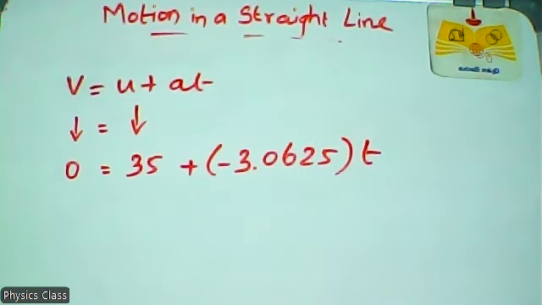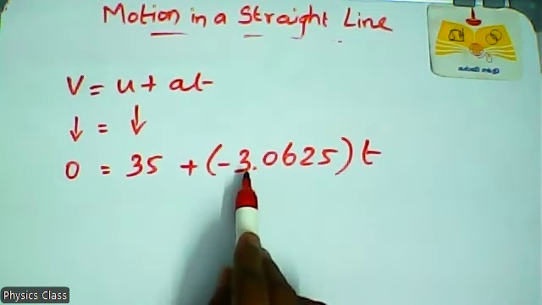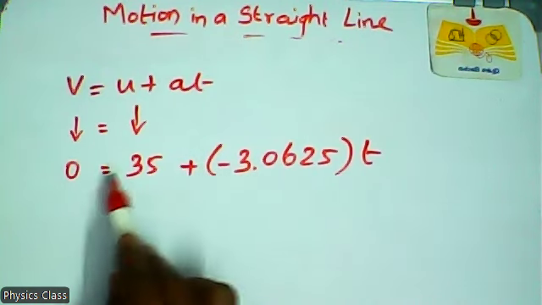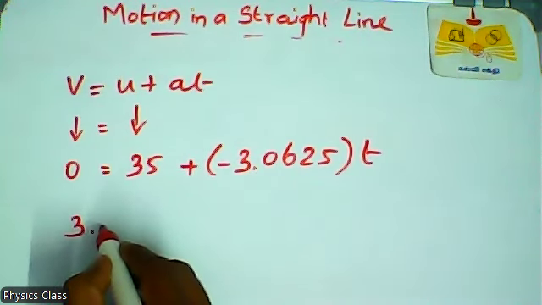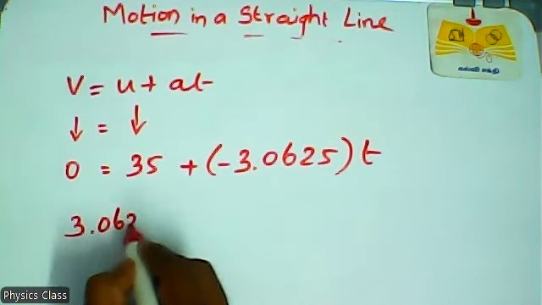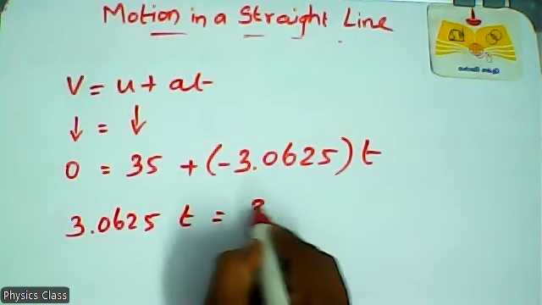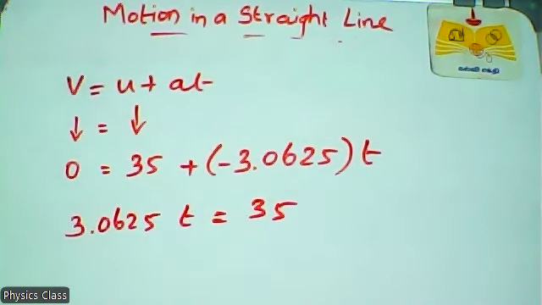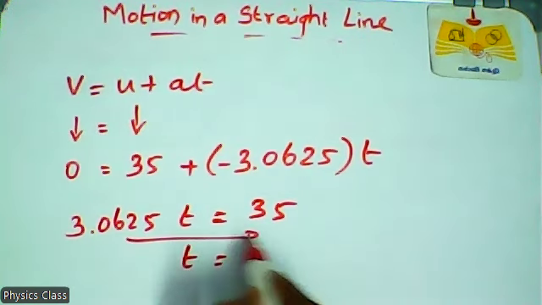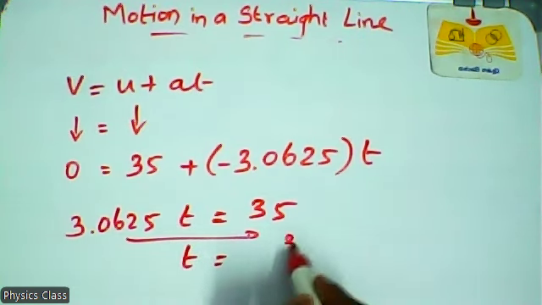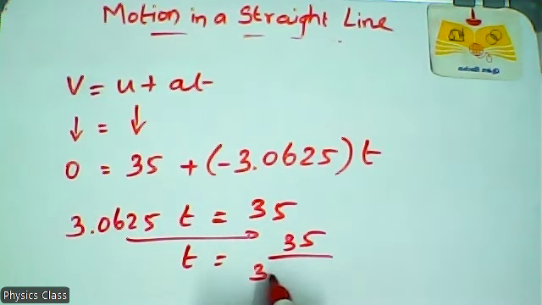Here the minus part goes to the other side and becomes plus. So 3.0625 t equal to 35. For t, that term goes to the other side as divide. So t is 35 divided by 3.0625.